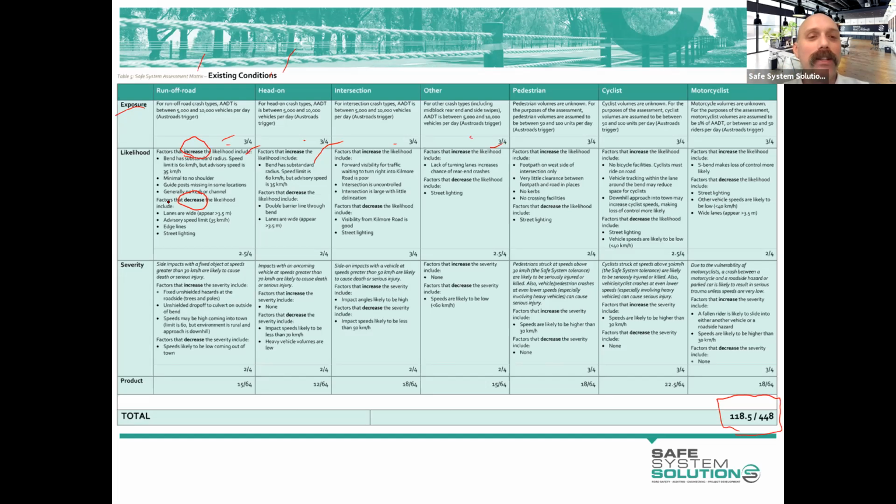Factors that increase the risk could be high speeds, sharp curves, no shoulders, faded line marking, edge drop-offs, whatever you see on site or notice in the existing conditions. And then some things that decrease that score: it has 3.5 meter lanes, advisory speeds, street lighting, and whatever else you can put in there. And then you make your call on what number to put.